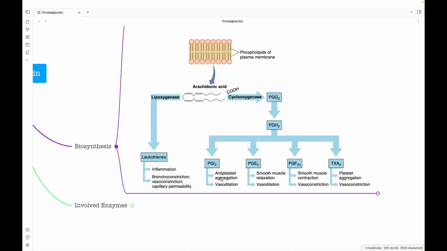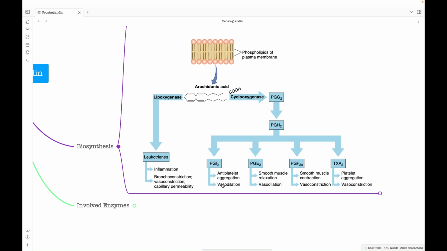So first, the PGI2. This PGI2 is associated with antiplatelet aggregation and vasodilation. We all know that platelets are associated with blood coagulation or blood clotting. So this is antiplatelet aggregation. That means this is not associated with blood coagulation. It actually inhibits blood coagulation, and vasodilation is also associated with the inhibition of blood coagulation.